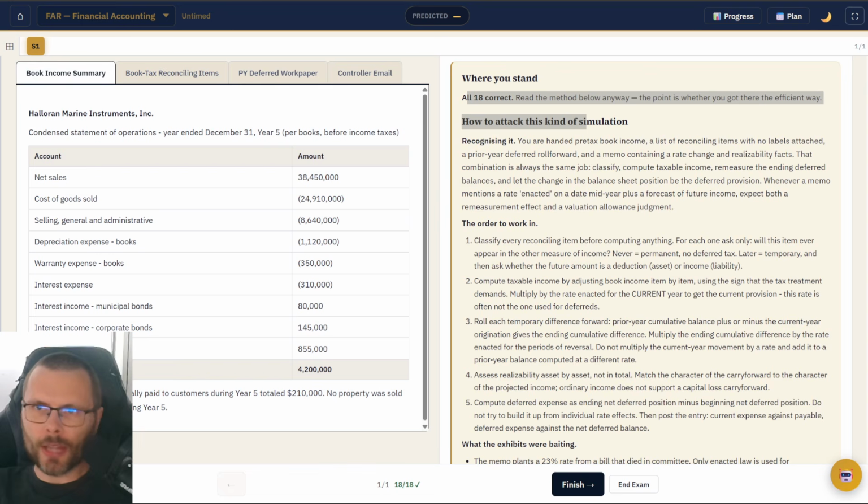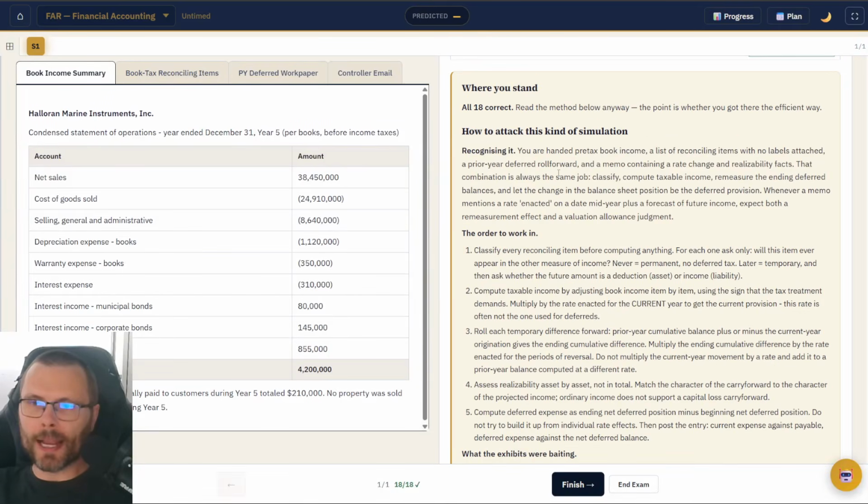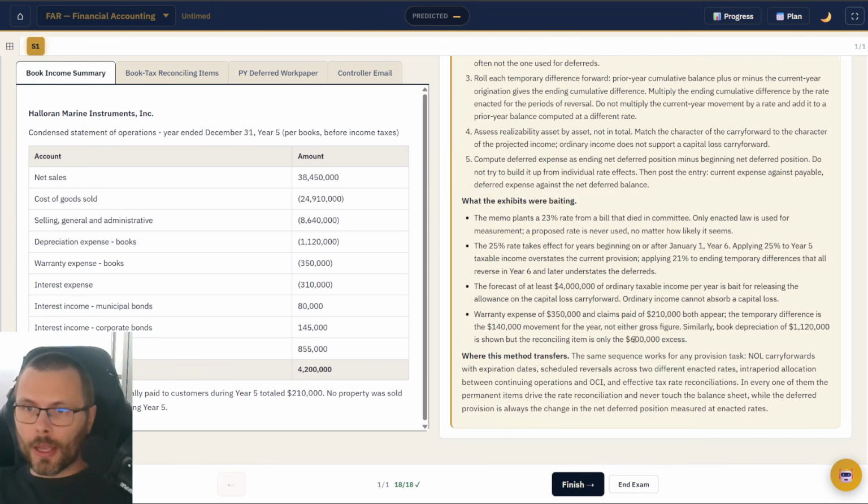If anything here was marked wrong, we'd go over it and see. But it'll tell you, when you get stuff wrong, like yeah, you might have missed these things, but you actually sort of missed this one topic, and that was all the 4 things you got wrong. The other stuff you figured out and you got right. And then it'll give you like, this question was tricking you with this one little tax loophole, or it was baiting you because it planted a 23% when the 25% was the rate you were supposed to use.